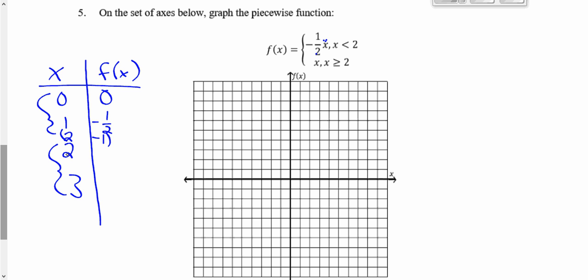Because 2 is greater than or equal to 2, so you use the bottom one, and what do you get when you plug 2 in for x? It's x, and I'm replacing the x with a 2. So I get a 2.